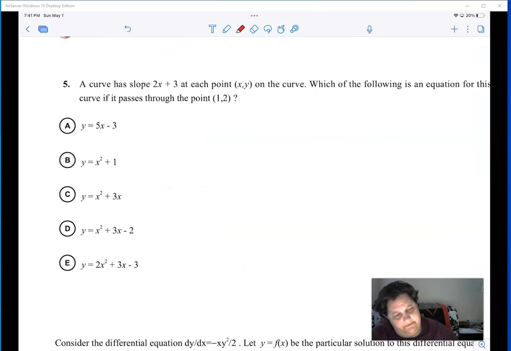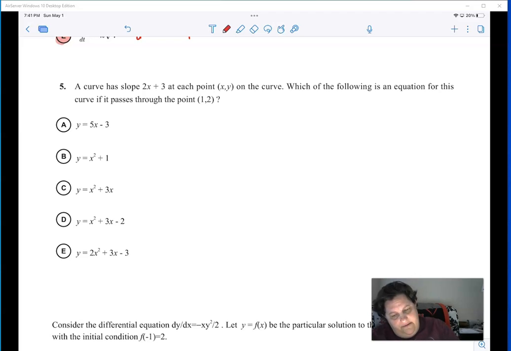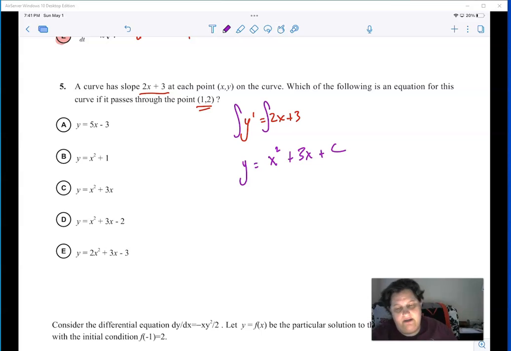Okay, let's look at the next number. A curve has a slope, let's say y prime, at each point on the curve. Which of the following is an equation if it passes through the point (1, 2)? Well, how do I go from a slope to an equation? I integrate, right? So that's going to be x squared over 2, the 2's will cancel out, plus 3x plus a constant.